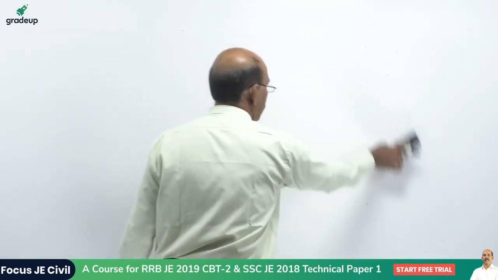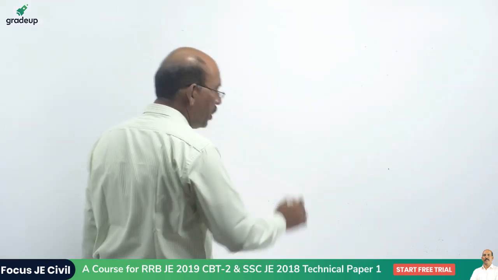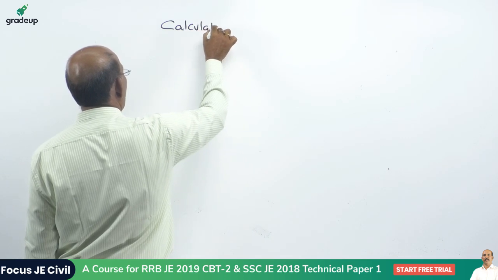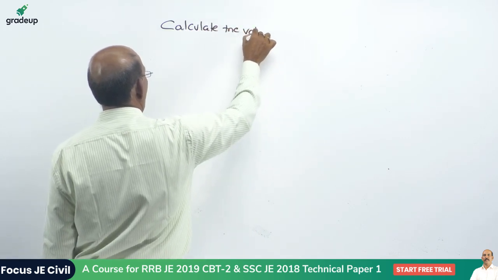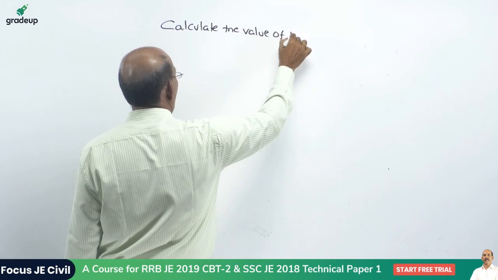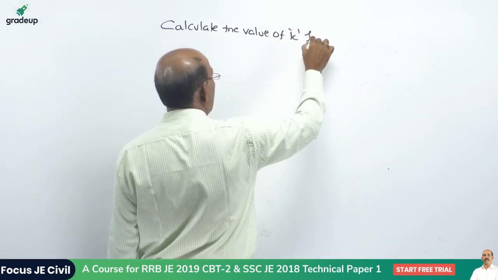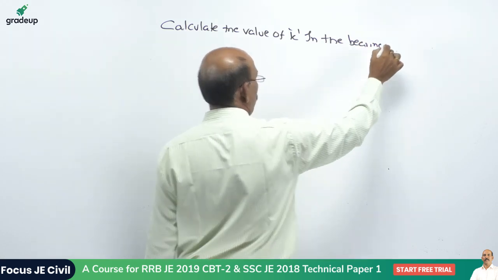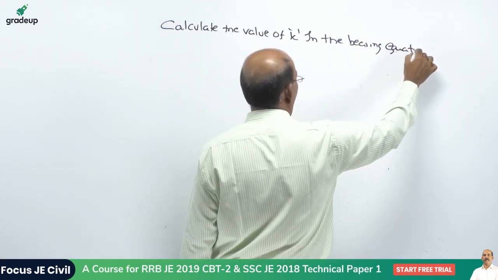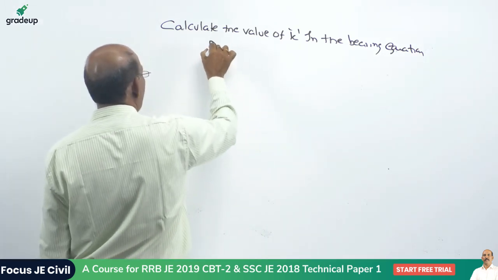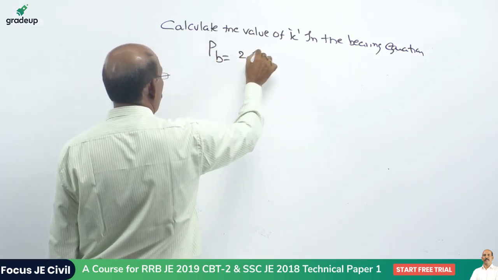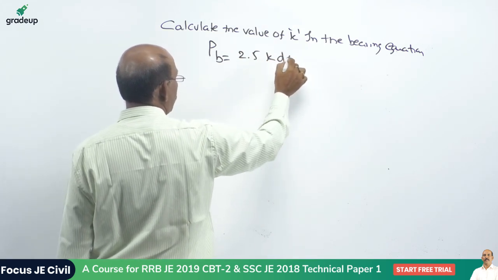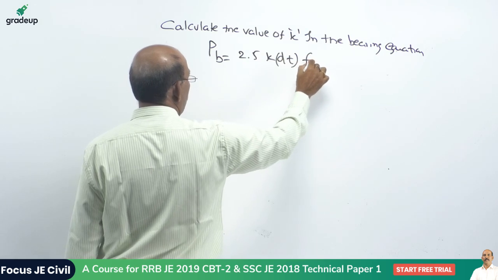So calculate the value of K in the bearing equation, that is PB is equal to 2.5 K D into T into FB.